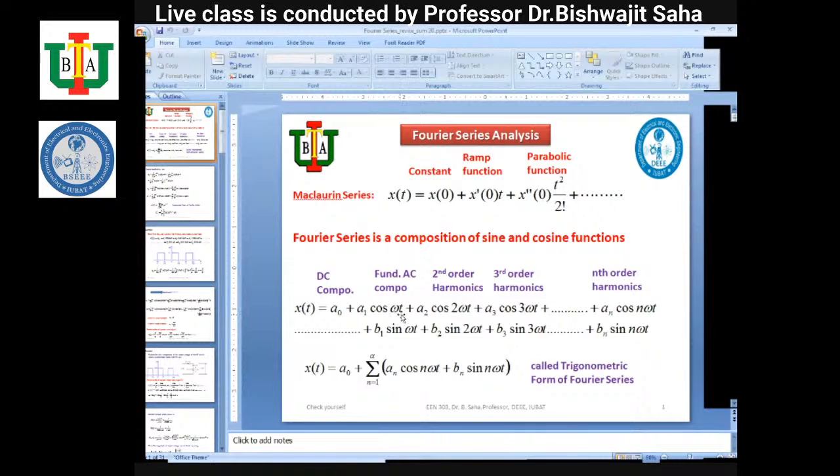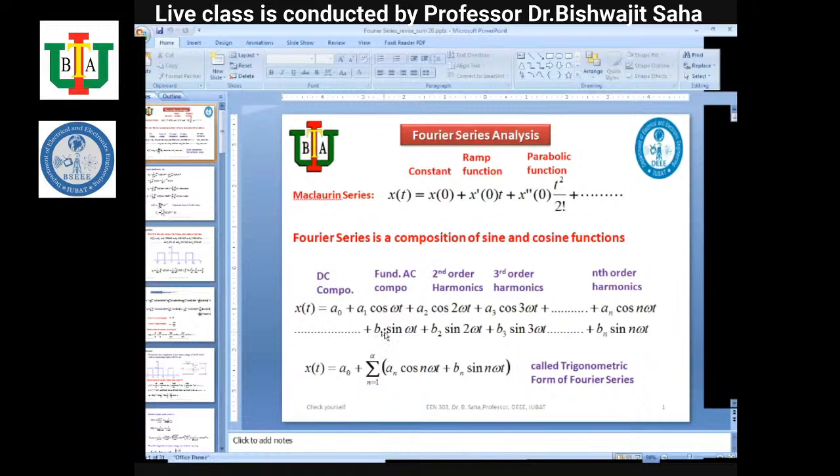We have to minimize the harmonic level, otherwise we cannot get the original signal. The signal will be distorted. If we have multiple harmonics, the signal will be distorted, not smooth. To make a smooth signal, we have to use a filter.